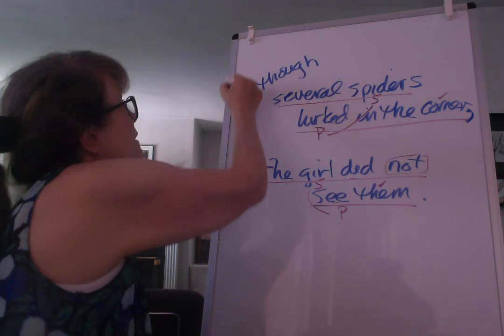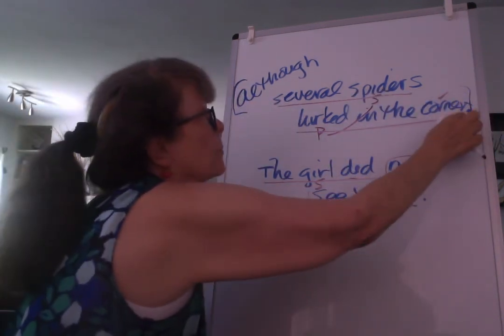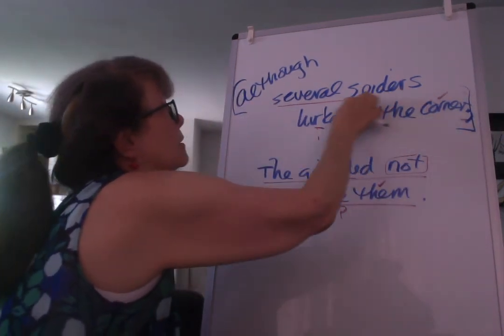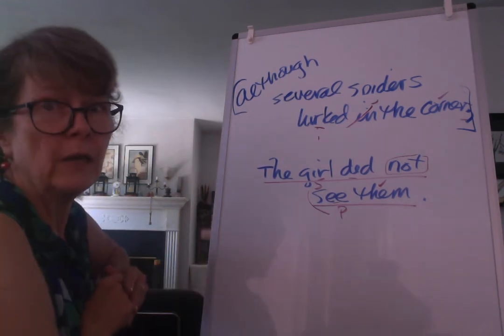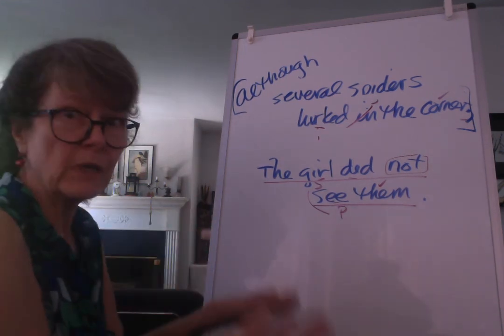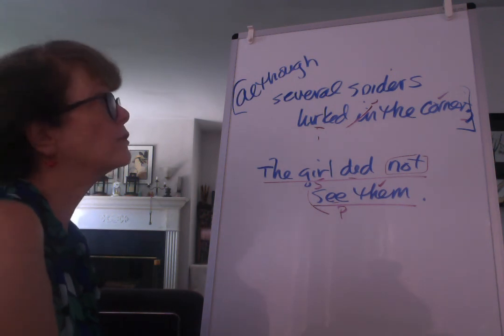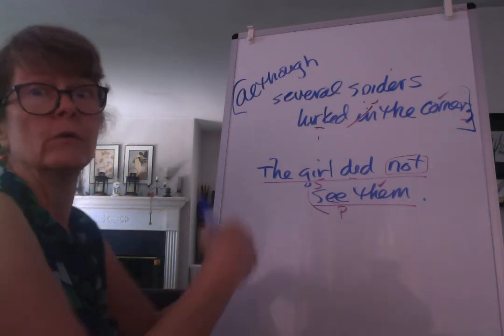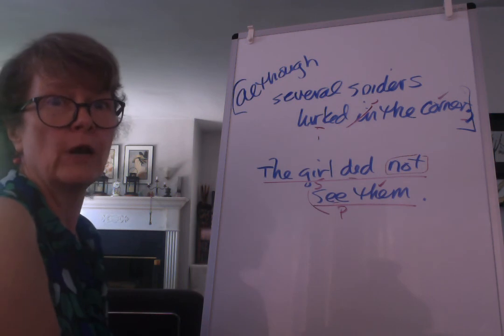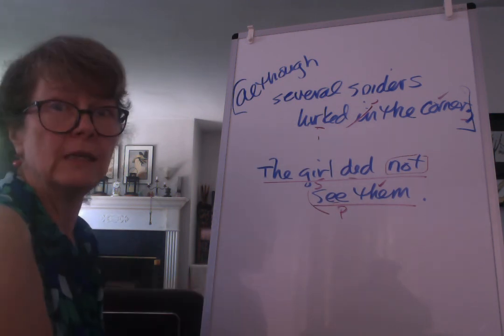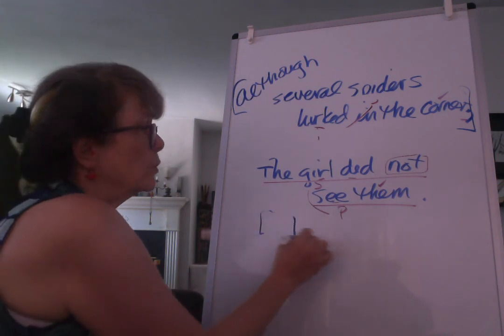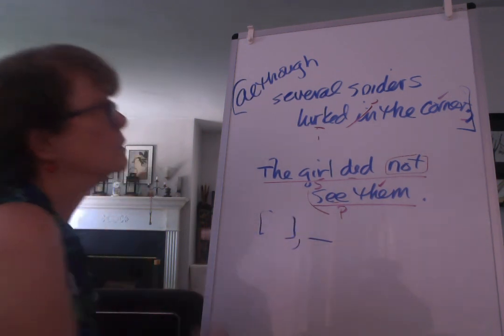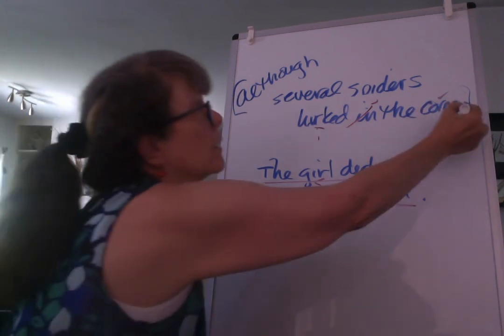So this is now a subordinate clause. It's a group of words with a subject and predicate, but it doesn't express a finished thought. Although several spiders lurked in the corner, what? Right? Subordinate clause. The girl did not see them is still a main clause. The subordinate clause comes first and then the main clause, so we have to put a comma here.